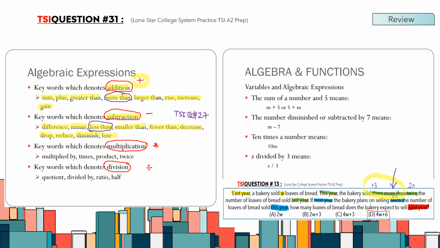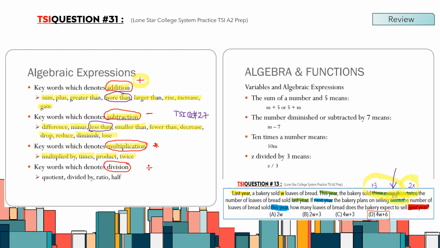Okay, now let's talk about the multiplication keywords. We will have multiply by, times, product, twice. As we see twice here in example question number 13, we see 3 more than twice the number of loaves of bread sold last year, and then selling next year is selling twice the number of this year.